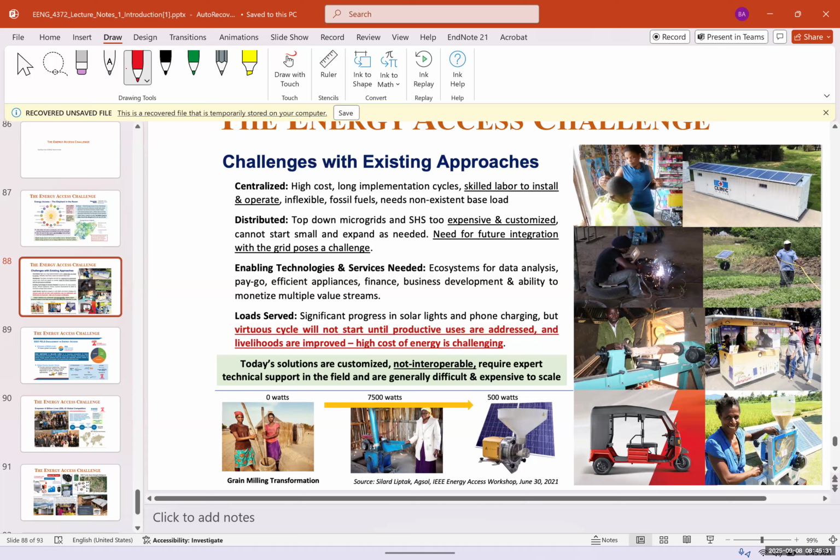The distributed systems, the top-down microgrids and SHS systems, are too expensive and customized, and they cannot start small and expand as needed. The need for future integration with the grid poses a challenge, so top-down microgrid is not a solution either.